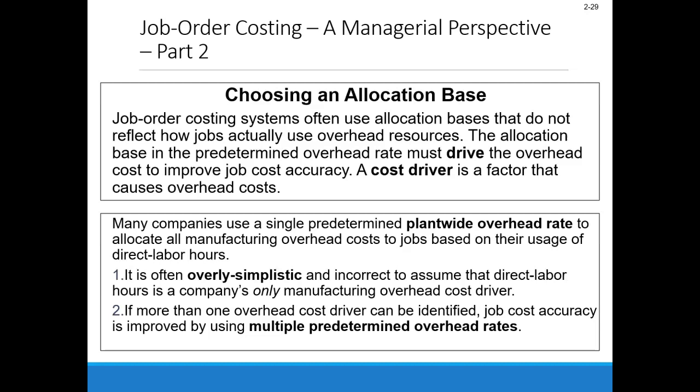It's an overly simplistic and incorrect way to assume that direct labor hours is the only driver for a company. If more than one overhead cost driver can be identified, job cost accuracy is improved by using multiple predetermined overhead rates. Multiple predetermined overhead rates can be more complicated, but ultimately can be a better barometer for allocating overhead.